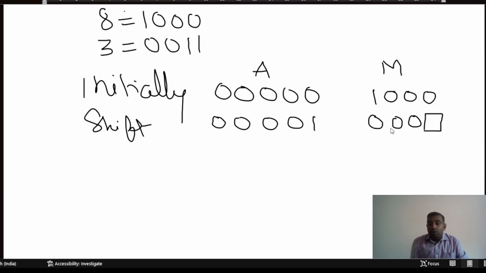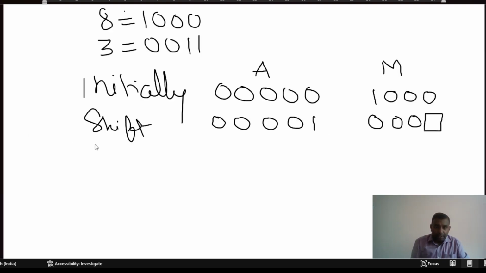We perform the next steps to get this last bit Q0, which is the last bit of the quotient. What should be the value of Q0? We will perform the next step.